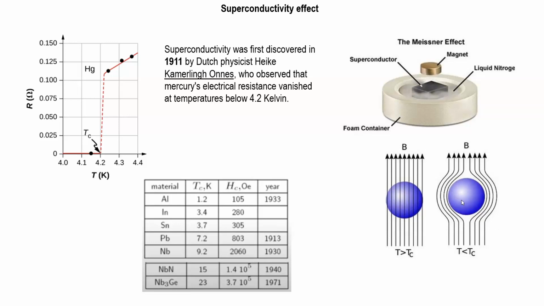So no magnetic field penetrates inside of this superconductor, which leads to, for example, this famous experiment of levitating a magnet over the surface of a superconductor. The magnet causes currents which create a magnetic field with the opposite polarity, and the magnets repel each other, so the magnet can levitate.